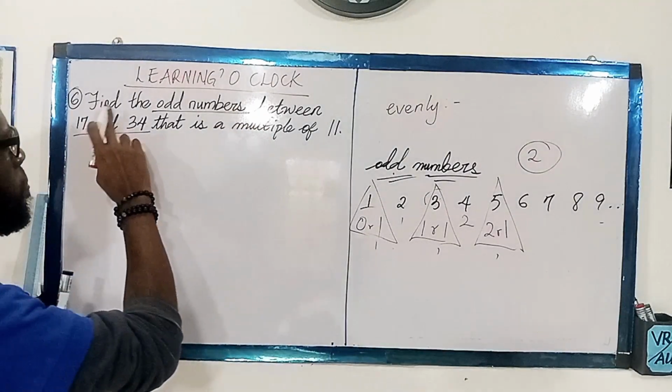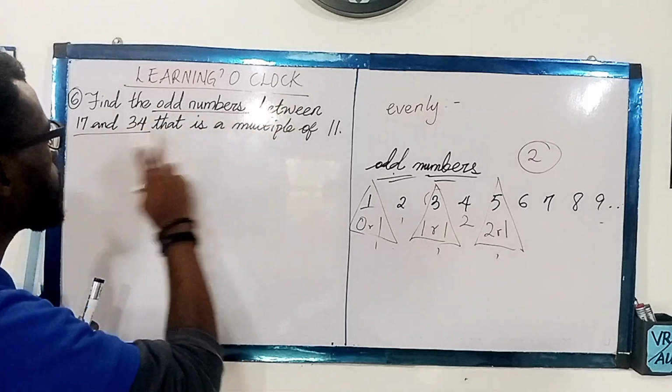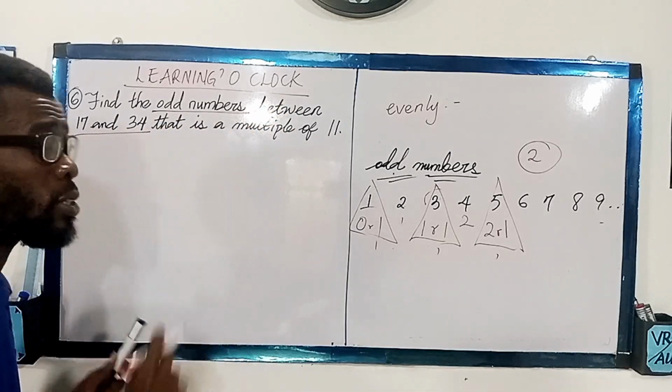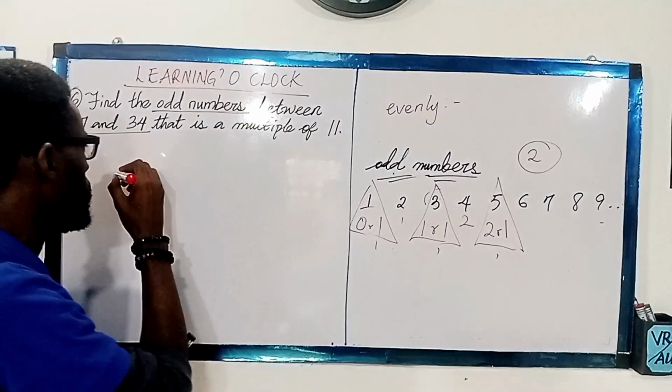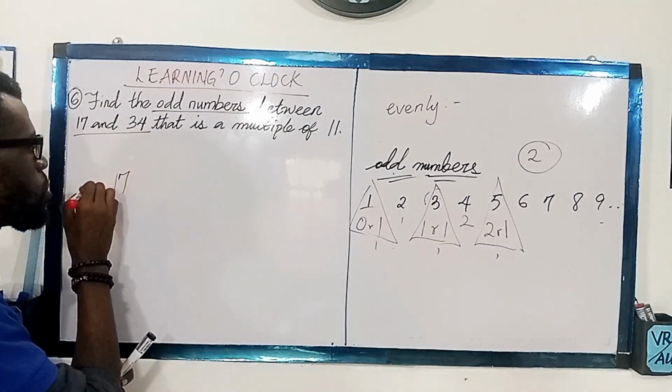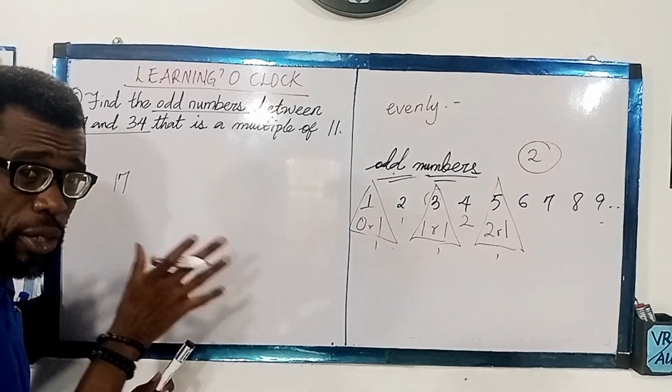This question says find the odd numbers between 17 and 34. That means before 17, we don't need all the odd numbers. We're interpreting the question.